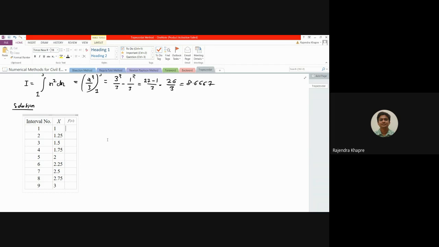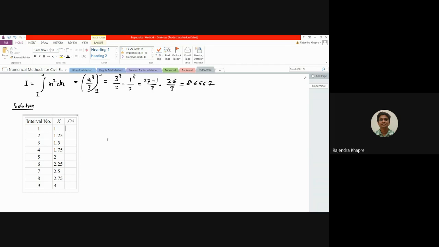More intervals give a more accurate solution, but it will always involve more calculations. So in order to get accuracy you have to put in more effort in calculating. Fortunately we have computers, so it becomes very easy. Now you all calculate.